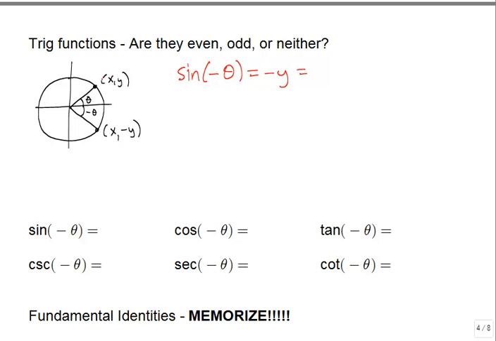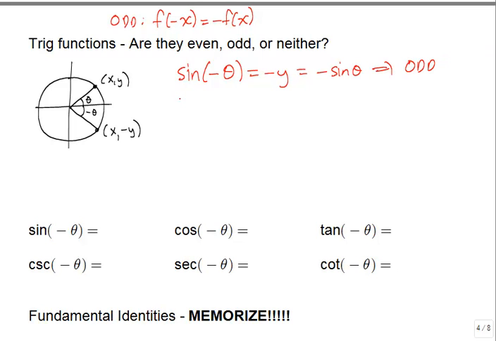But y is by definition the sine of positive theta, so we can think of sine of negative theta as minus sine of theta. Remember that something is odd if f of negative x gives you back minus f of positive x. So this is the definition of being odd, so sine must be an odd function.